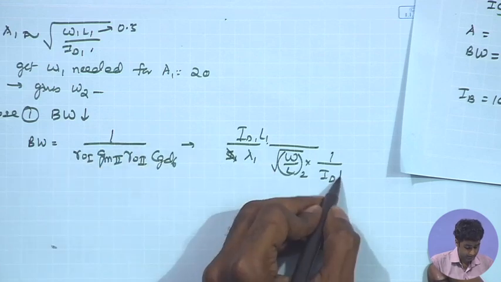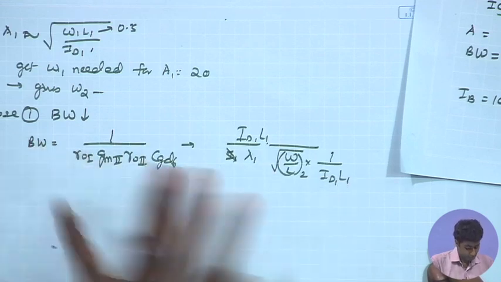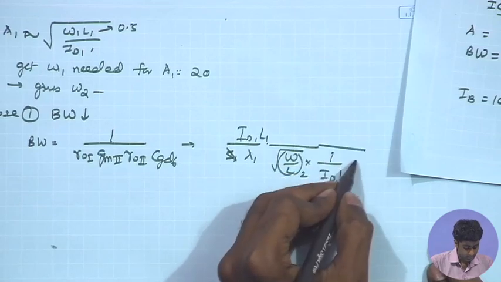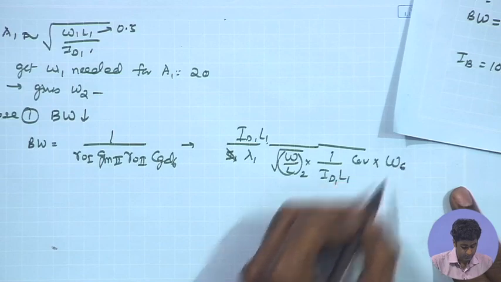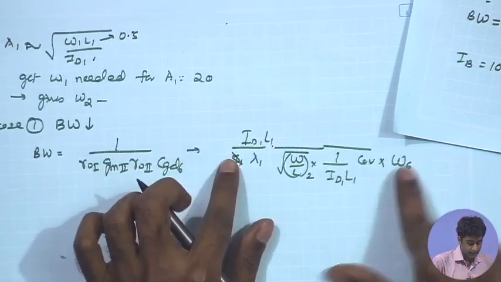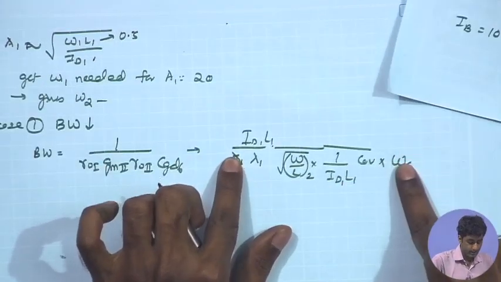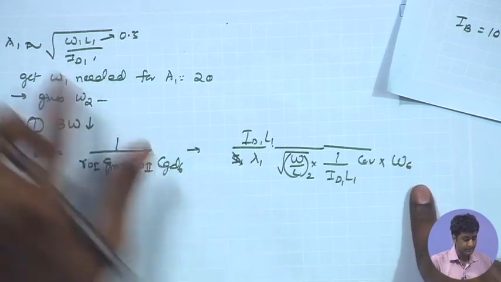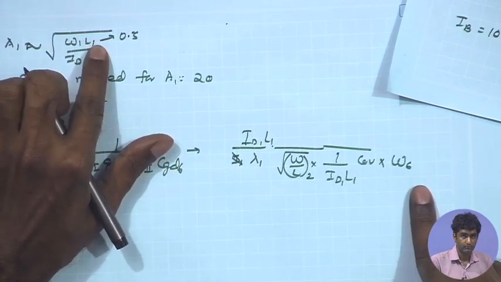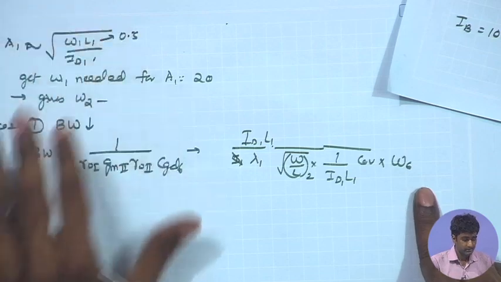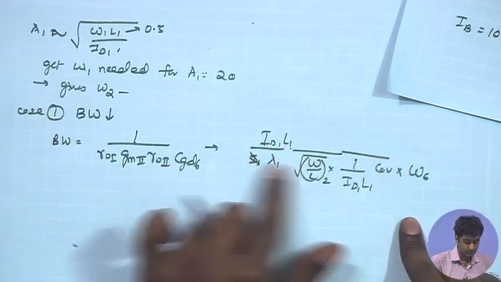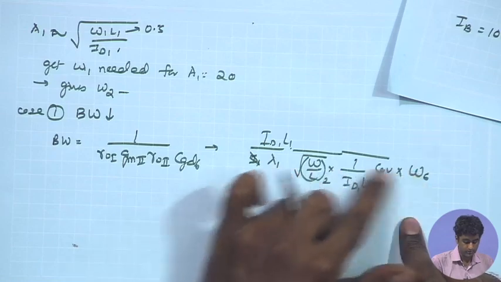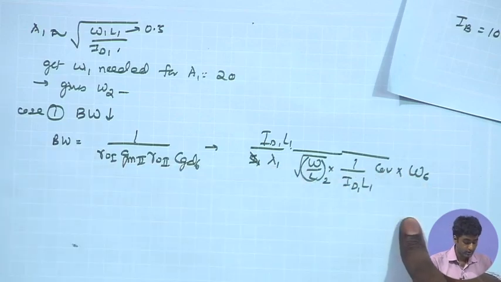So, ID1 times L1 is also similar in both cases, and then C overlap times CGD6, which depends upon W6. So, this is the bandwidth I have to increase while keeping the gain constant. I should make sure that this product WL upon ID remains more or less constant, while I tweak the parameters so that the bandwidth gets improved.